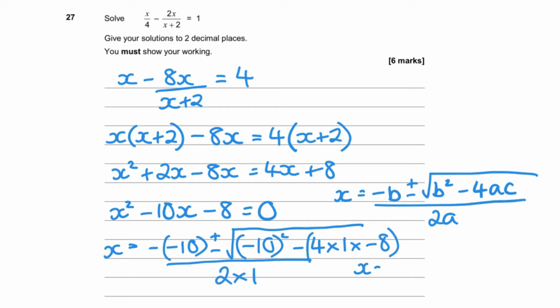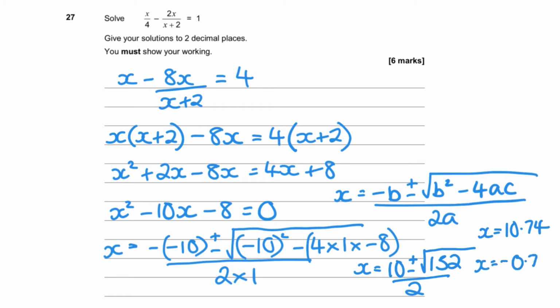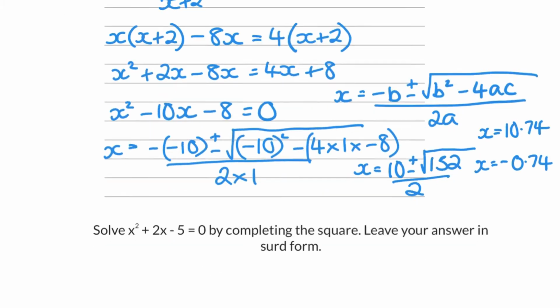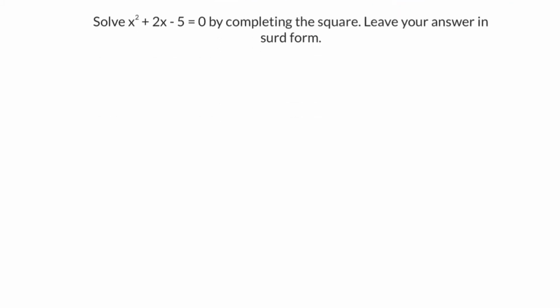So x is going to equal 10 plus and minus the square root of 132, divided by 2. So our x values on our calculator are x equals 10.74 and x equals minus 0.74, to the two decimal places that the question asked for.